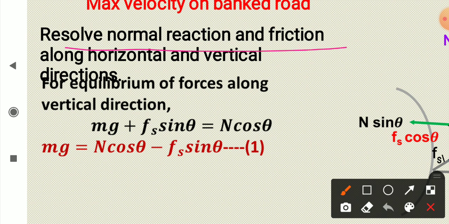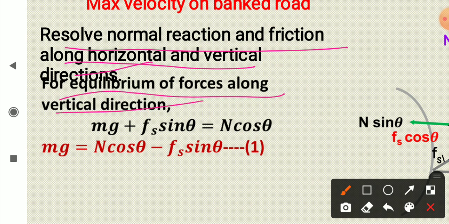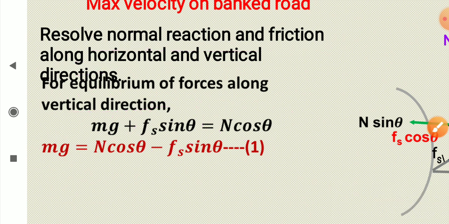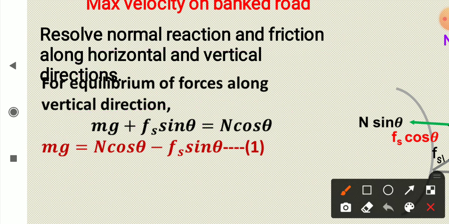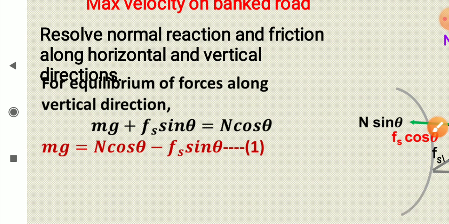Resolve normal reaction and friction along horizontal and vertical directions. So for equilibrium of forces along the vertical direction, the weight mg plus fs sin theta should be equal to n cos theta, right? And just change the sides. So when you change the side, the left side is mg, and on the right side we take n cos theta minus fs sin theta, equation number 1.